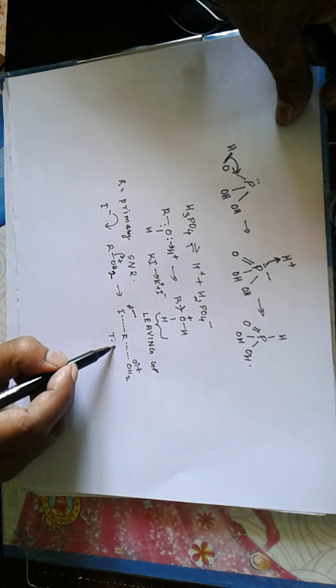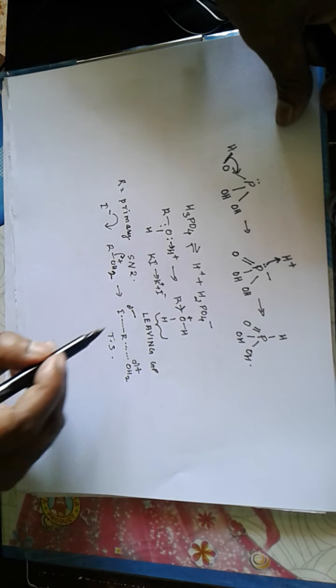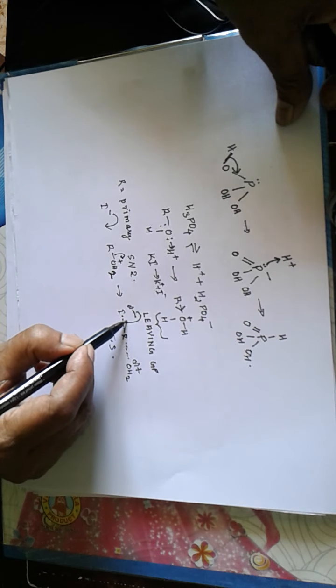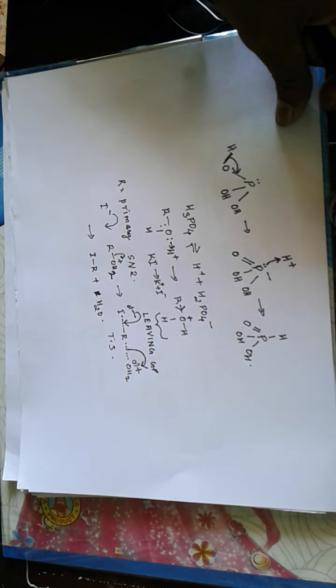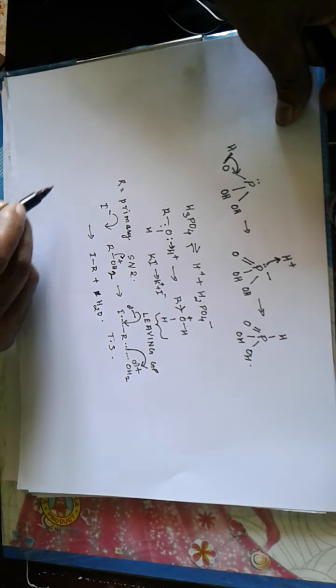This is the transition state, and after the formation of transition state, this negative charge is completely gone for bond formation, and this partial bond is completely withdrawn, giving RI, alkyl iodide, and H2O. OH2 is H2O.